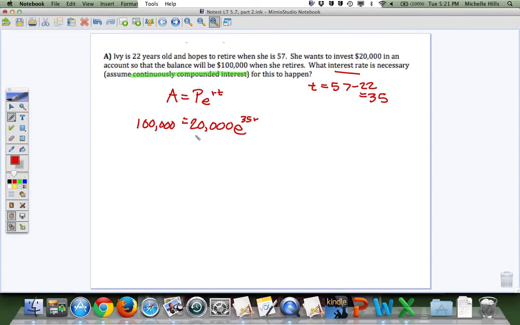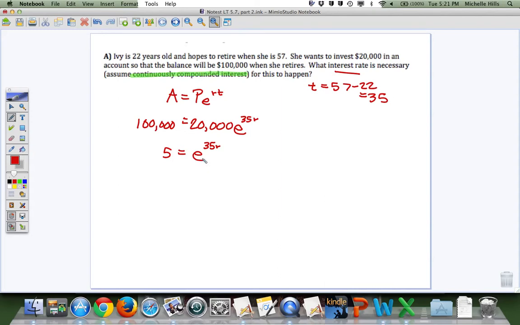Now I have to solve this. First, I divide both sides by 20,000 to isolate the thing that's being raised to the exponent. 100,000 divided by 20,000 is 5 equals e to the 35 times R power. I'm stuck in exponential form, so I convert to logarithmic.